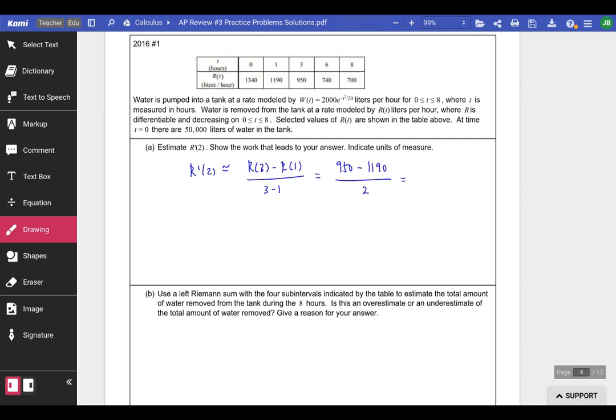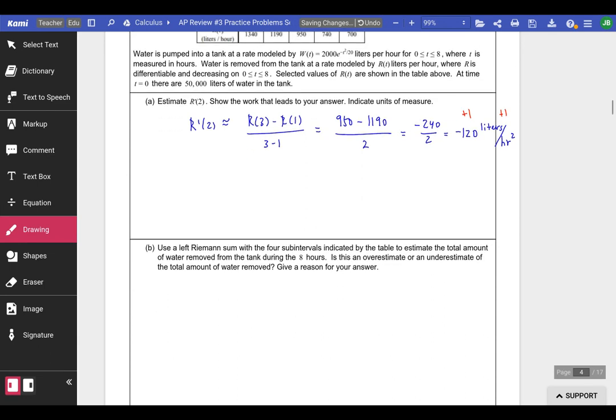And let's see, negative 240 over 2, or just negative 120. And then our units there, we've got liters per hour squared. And so in this particular year, they gave 2 points for that, 1 for the estimate, and then 1 for the units.